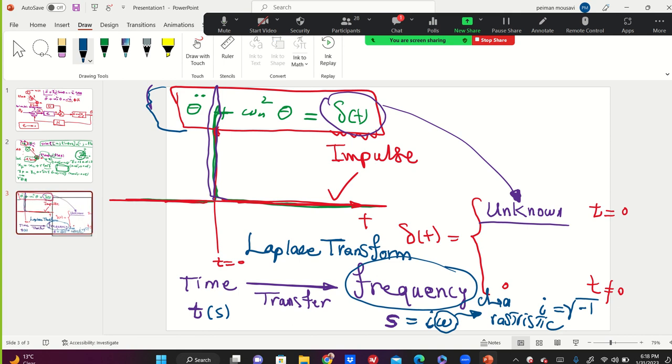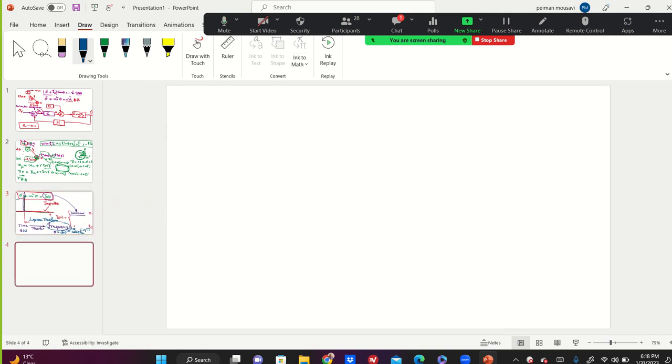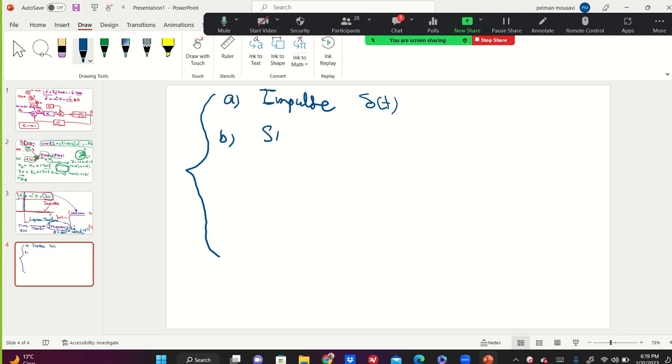Why? Because in this course we have 4 inputs to the system. First is impulse, which we show with delta of t. Second is step, which we show with the unit step. It's kind of like 1.